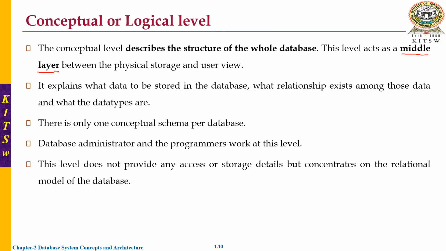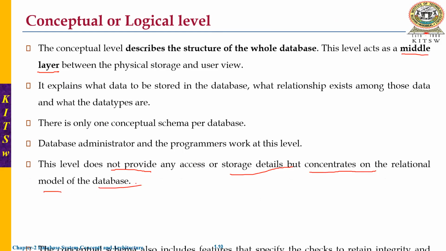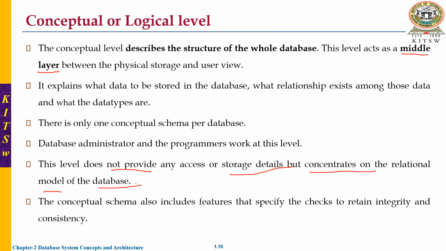This level does not provide any access or storage details, but concentrates on the relational model of the database. The conceptual schema also includes features that specify the checks to retain integrity and consistency. So you can give all the constraints in this level.